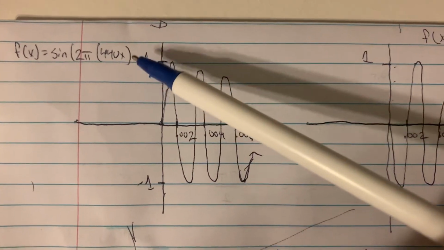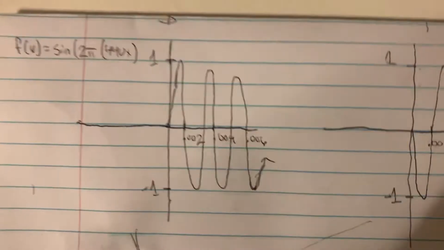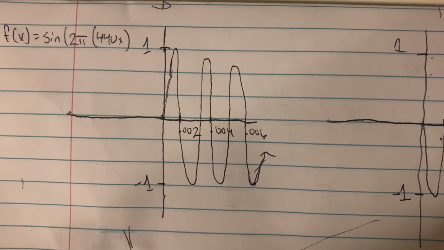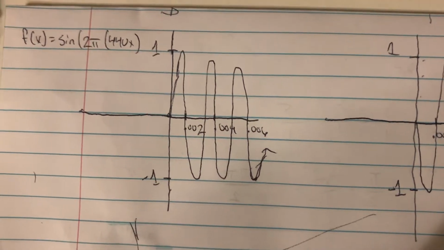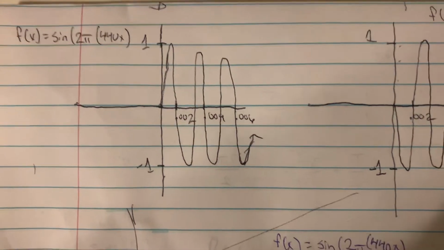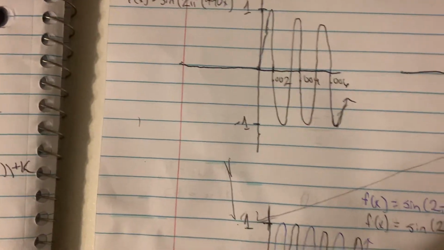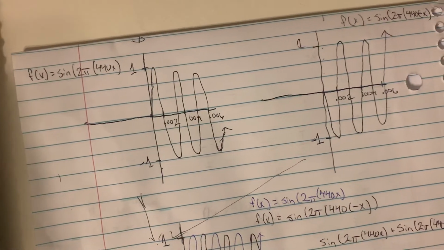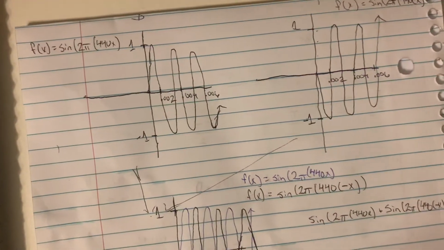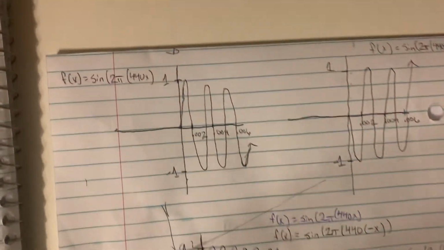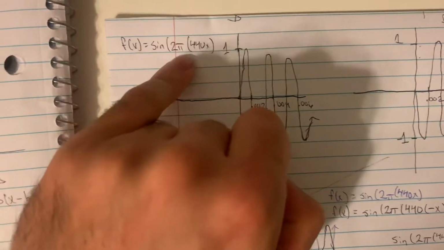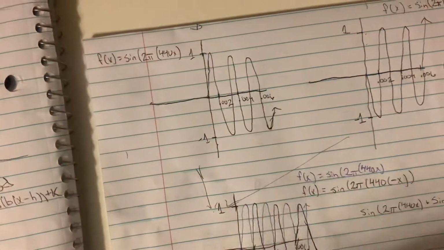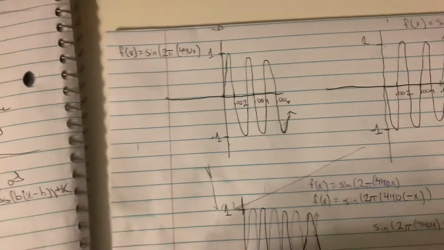I did some research from www.users.math.umn.edu, and they provided a great example of a piano that when somebody plays a note A above middle C from a piano, we can take that specific note and put it in a trig function. It should be sine of 2 pi times 440x. That would be our A note.